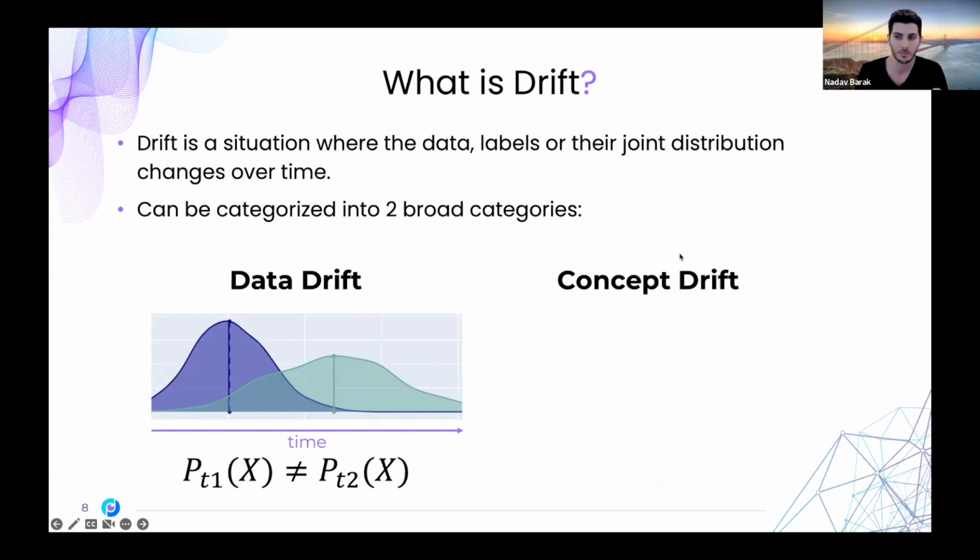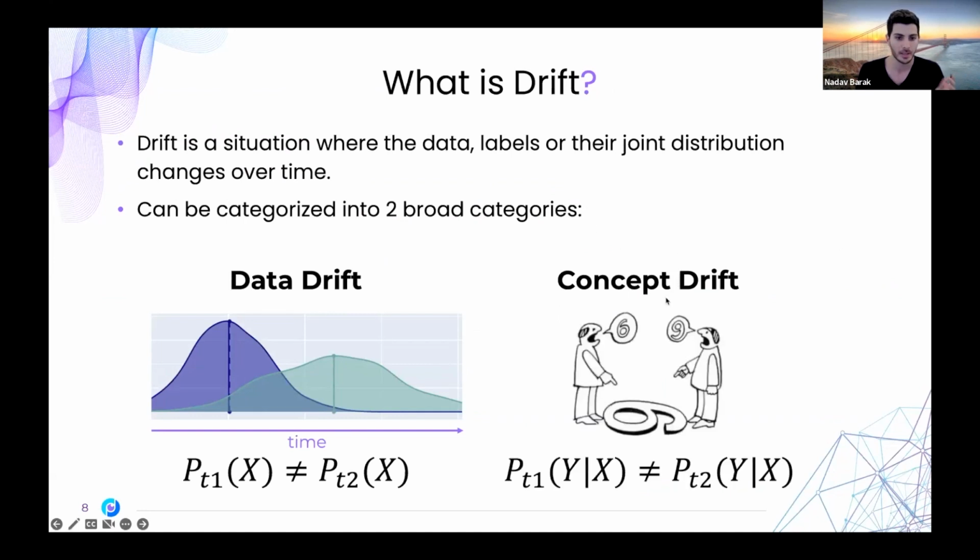Concept drift represents the other side of that coin. The data distribution may or may not have changed, but the relation between the data samples and the labels did change. This is a bit of a tricky definition to grasp, so I'll try to clarify with a simple example.